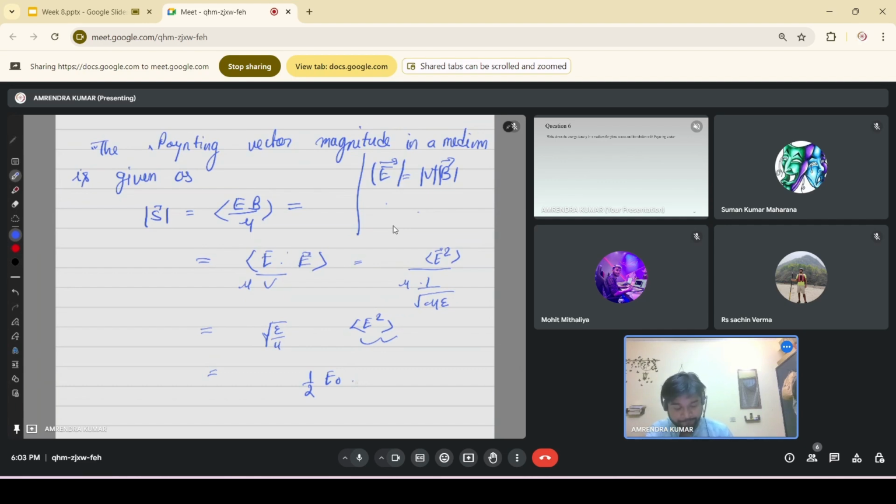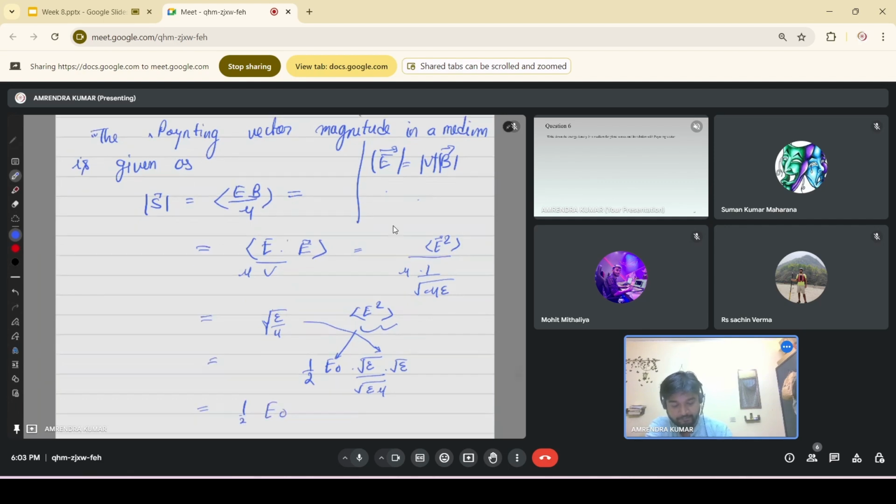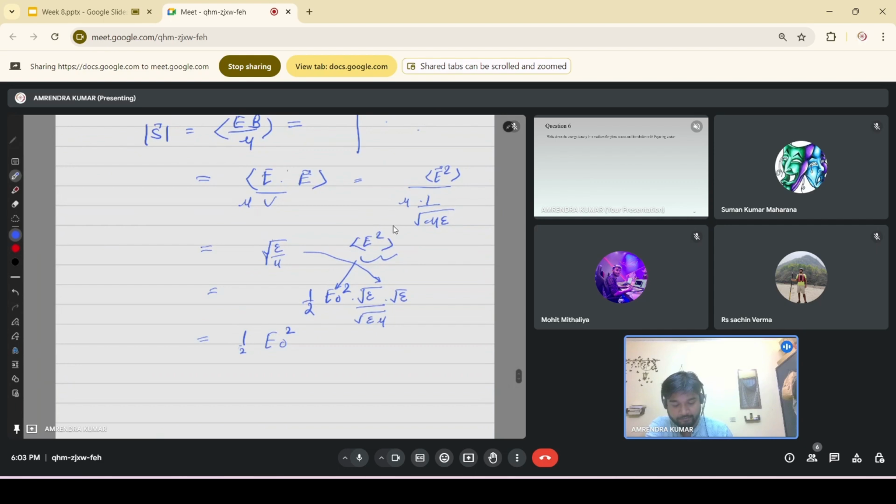this, you can multiply both sides with under root epsilon. So you can write this like epsilon, and here this epsilon is there. So this comes this and this becomes this. So it becomes half epsilon naught E naught square into epsilon, and this is nothing but the velocity.